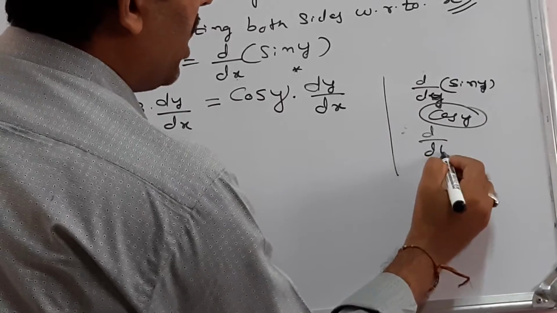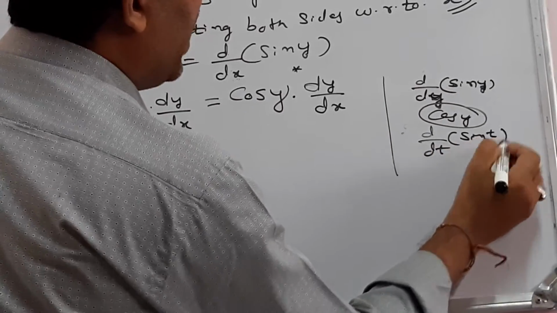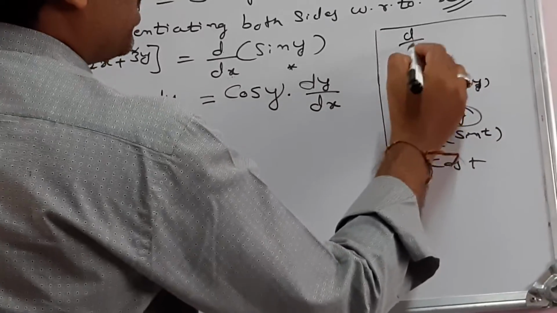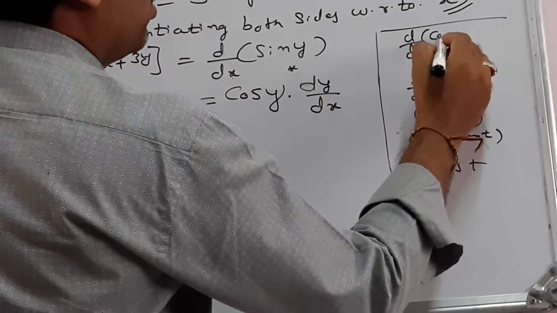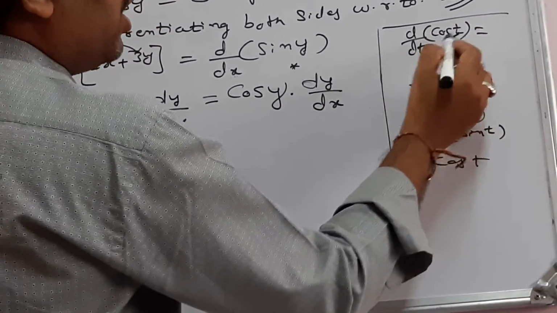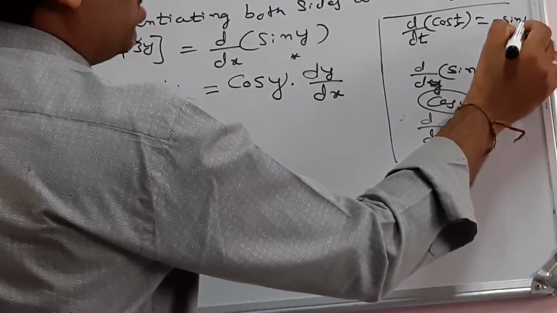Then if I write d by dt of sin t, then the answer is cos t. Then if I write d by dt of cos t, here t and t are the same, so I can write minus sin t.